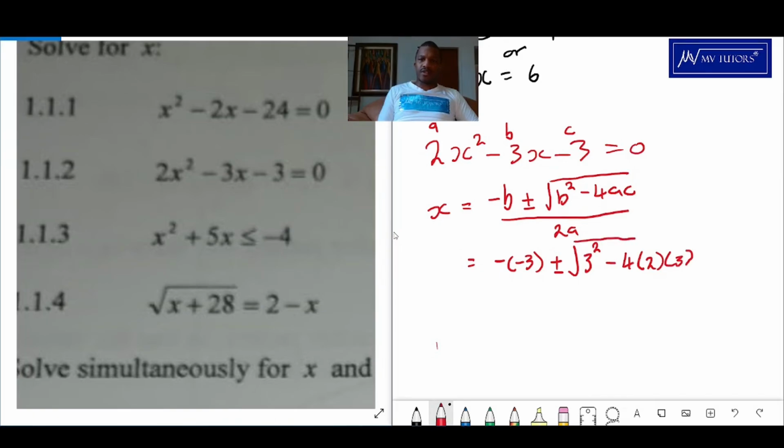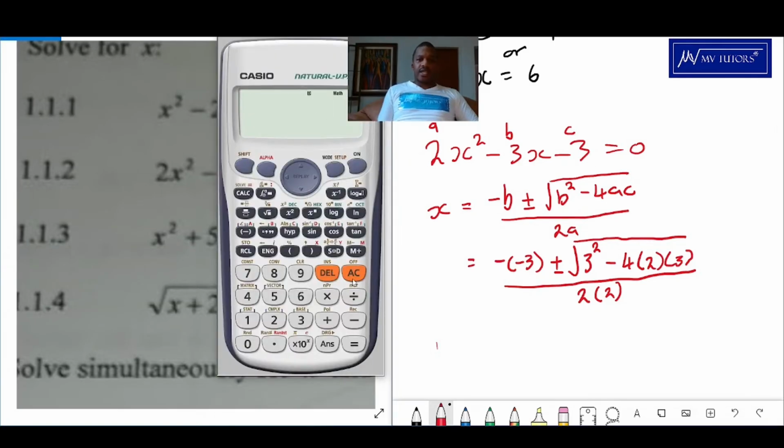And all of this is under a square root, and it's over 2 times A, which is 2. Okay, so what we need to do now is get a calculator. Let me get my calculator. There it is. So this is the calculator you should be using in your matric. It's just a standard scientific calculator.